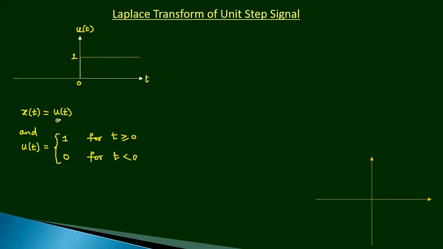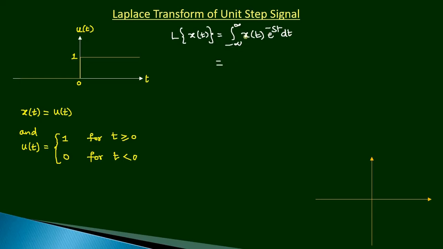Mathematically, u of t equals 1 for t greater than or equal to 0, and its value is 0 for t less than 0. Now we'll try to find the Laplace transform for this function. First we write the Laplace transform of x of t equals the integral from minus infinity to infinity of x of t e power minus st dt.